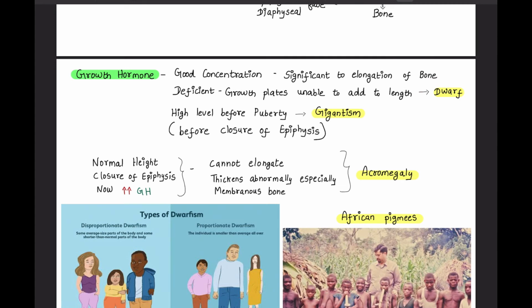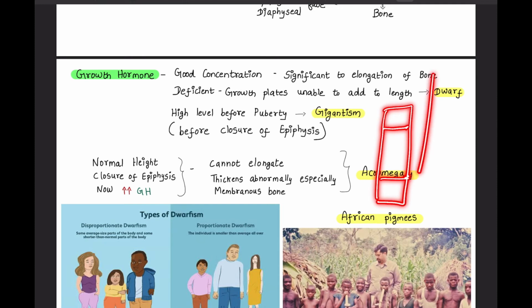If during puberty, before closure of the epiphysis, that is, while the epiphysis and diaphysis are still separate, there is more growth hormone than normal, it can still add length to the bone, since the epiphysis and diaphysis are not fused together.